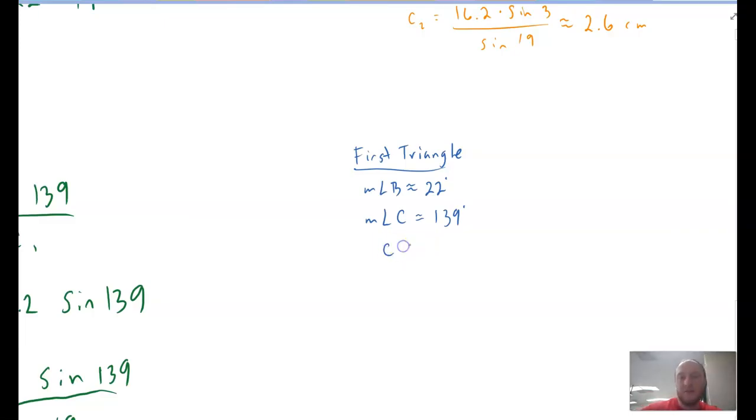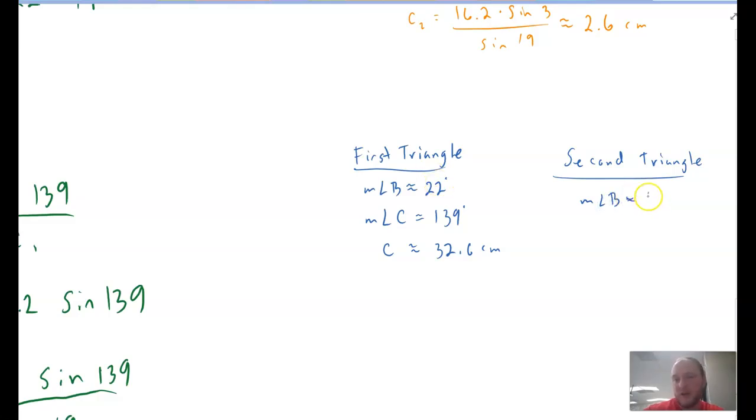Okay, I know that little c is approximately 32.6 centimeters. And then we have our second triangle. The measurement of angle B is the supplement to this first one.